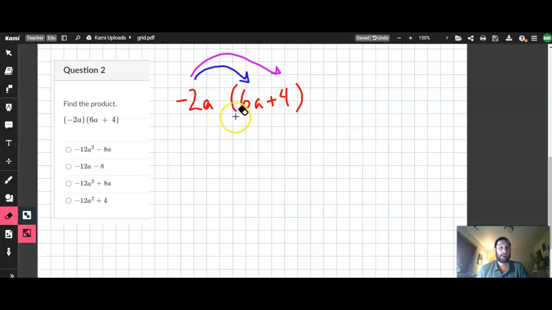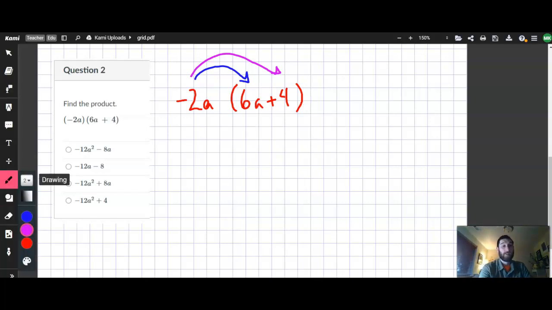We do need to keep the parentheses on our 6a plus 4 because that is being grouped. Parentheses group things together. If we drop our parentheses, suddenly our negative 2a is not being multiplied by 4 anymore. It's only being multiplied by the 6a. So we need to keep those parentheses there because 6a and 4 are being grouped together, which makes us do our distribution.